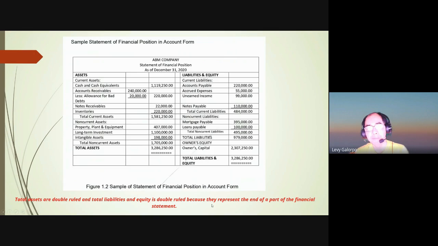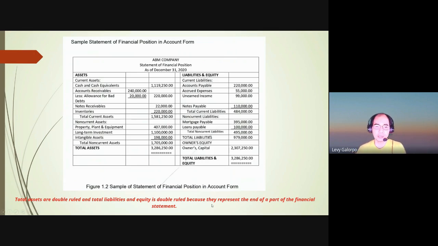And then, mapapansin nyo dito sa account form na magkapantay halos yung total assets tsaka yung total liabilities and equity. Napansin nyo, di ba? And syempre, I'm sure napansin nyo rin itong double rule.